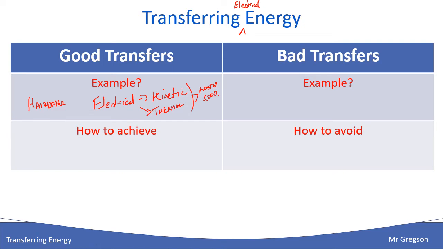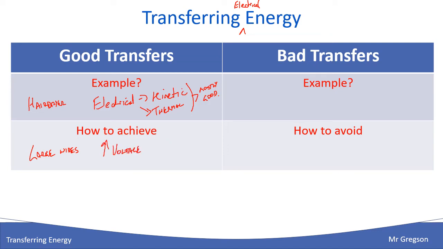Now, one of the things that we do to achieve good transfers, well, we use larger wires, so we don't use very small wires on a hairdryer because there's lots of current going through. We want that path to be nice and easy. We don't want those collisions all starting to stack up on top of each other. We also want a high voltage. That's quite important.